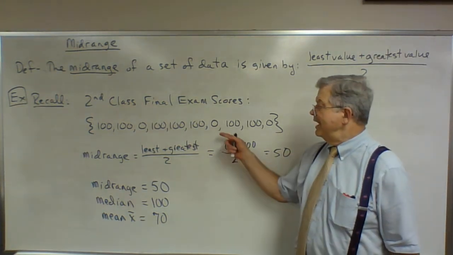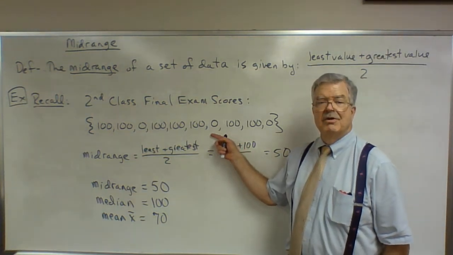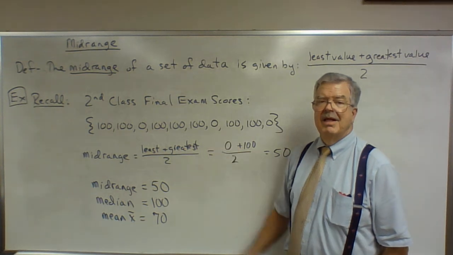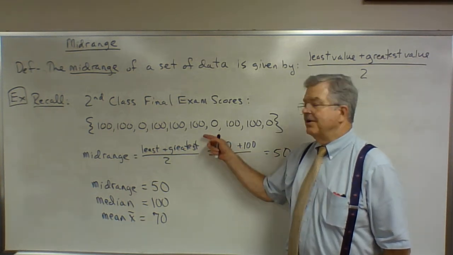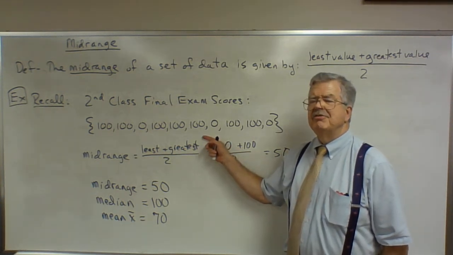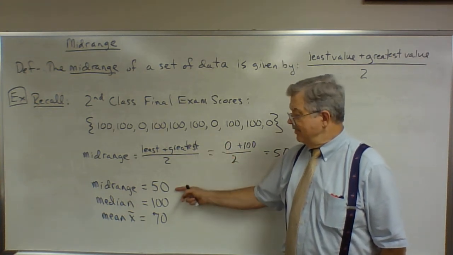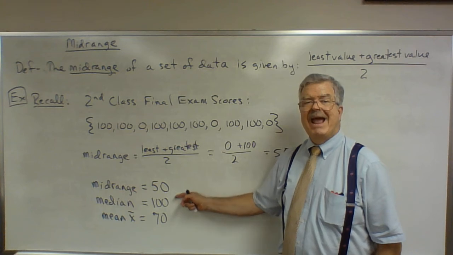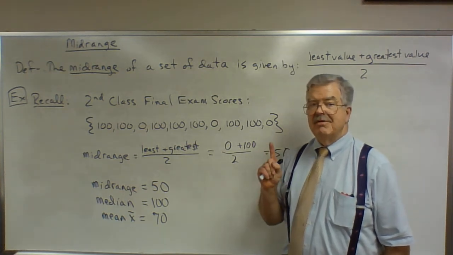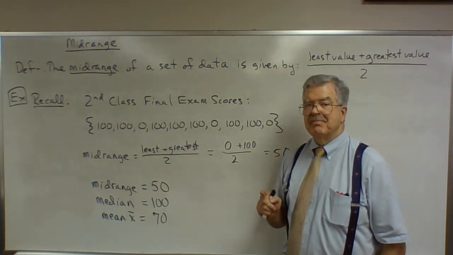But suppose we have, instead of 10 test scores, we have 2,000. Even if we look at all 2,000, there are going to be so many scores here that we're not going to be able to tell what happened. But these three measures of what average is will give us a pretty good idea.